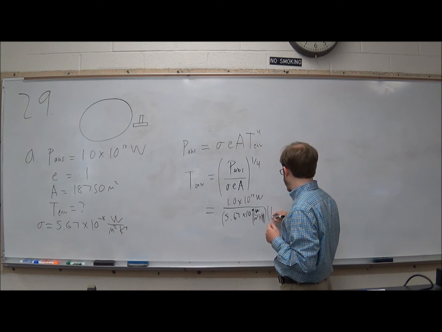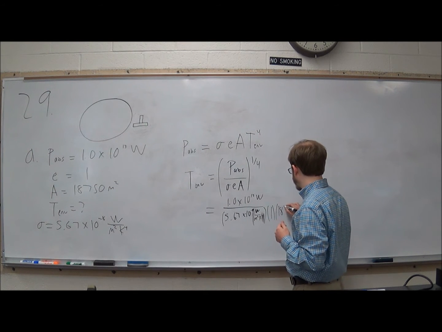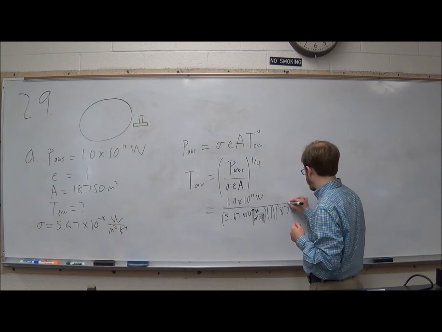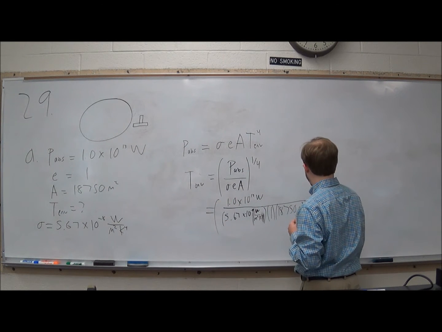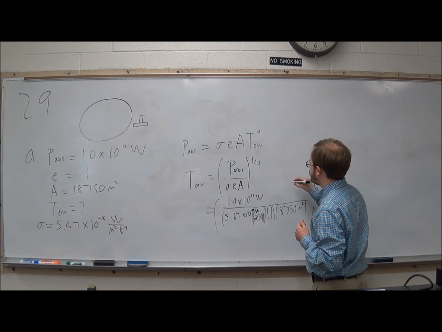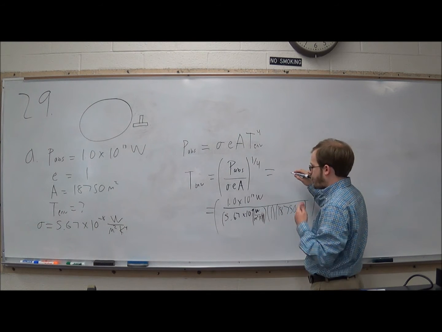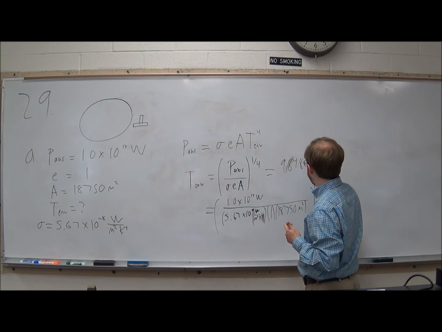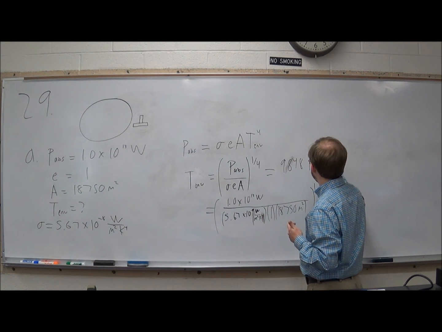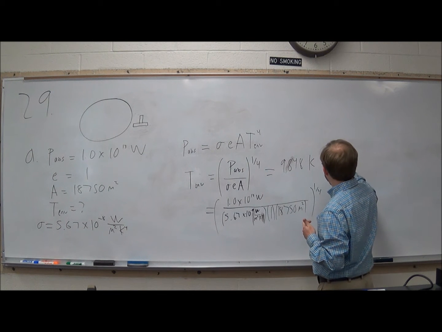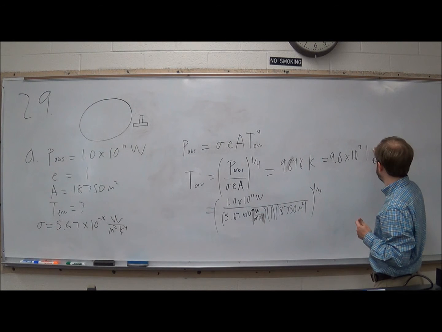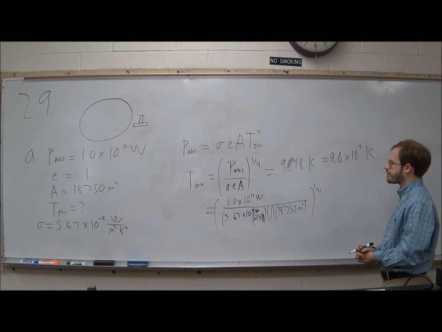Multiply that by emissivity, which is 1, and cross-sectional area, which is 18,750 meters squared. And this whole thing taken to the 1/4 power. So we end up having our environmental temperature equal to 9,848 Kelvin, which is the same thing as saying 9.8 times 10 to the 3 Kelvin. And that's how you solve part A.